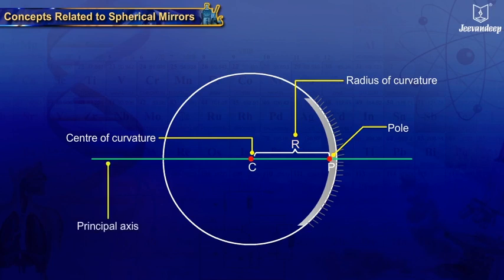Principal axis. The straight line passing through the pole and the center of curvature of a spherical mirror is called the principal axis of the mirror.